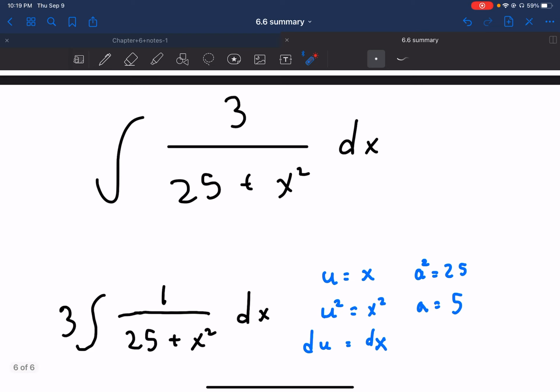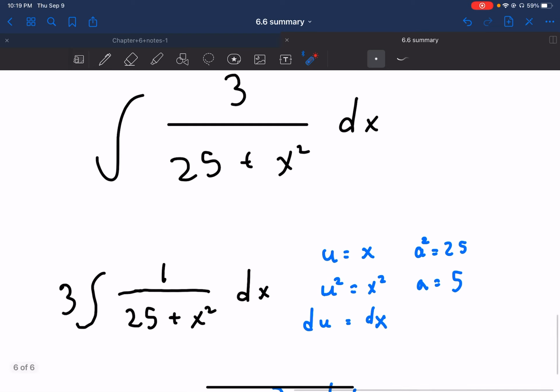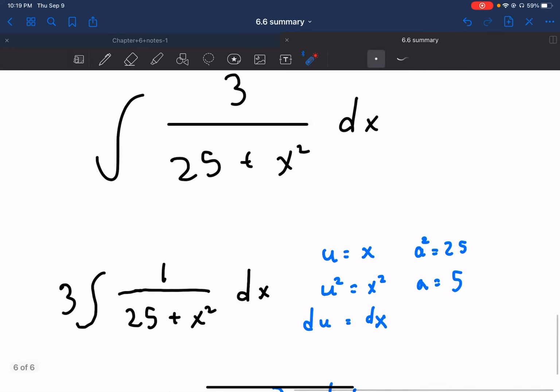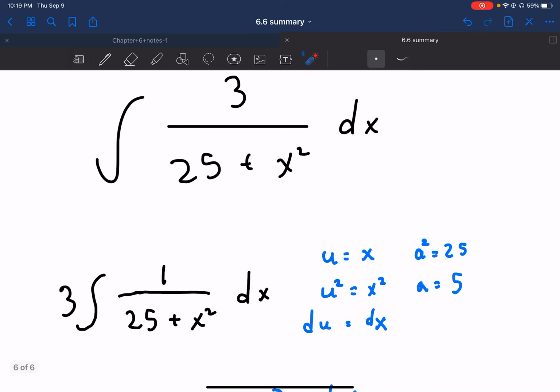First we'll let u equal x, so x squared equals u squared. So that takes care of this part. And then here we could let a squared equal 25 and a equal 5 because it is a perfect square. And then finding the derivative of u, du equals dx.